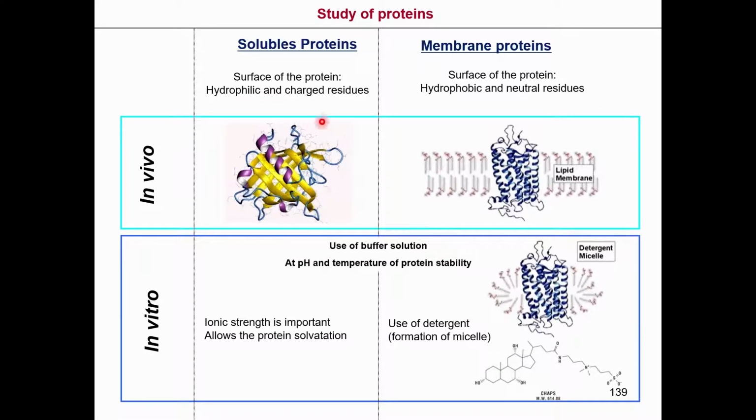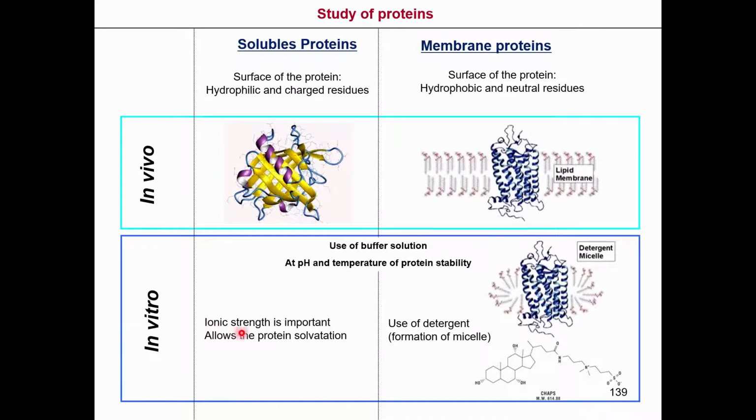You have soluble proteins and membrane proteins in vivo. And when you want to study these proteins in vitro, you have to find the optimal conditions to have the best stability of the proteins. So you have to find the temperature and pH of protein stability.